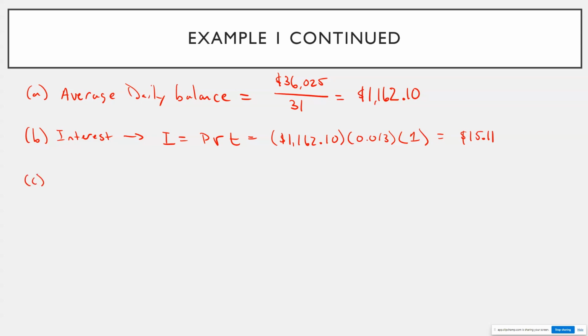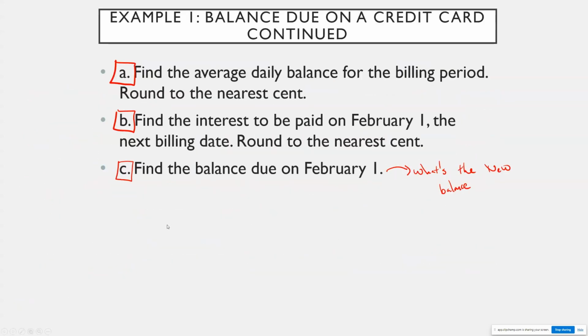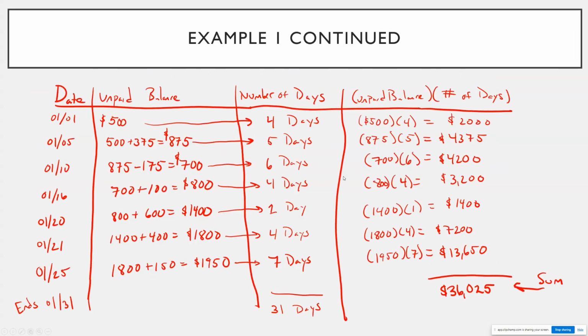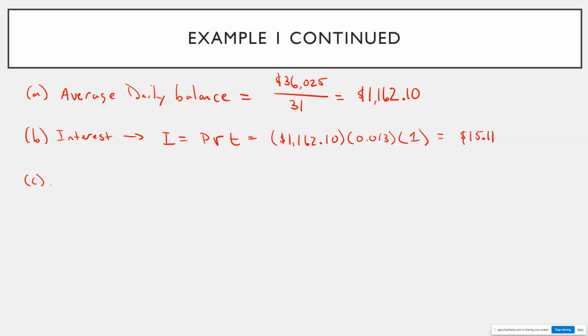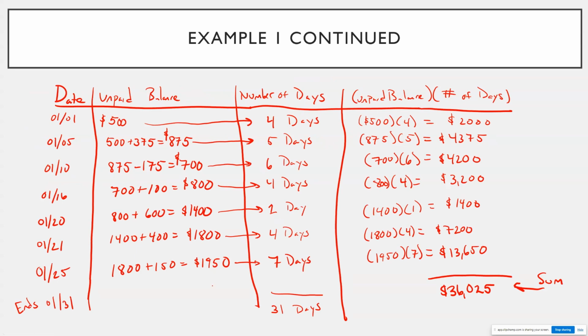All right, C. The last question asks, find the balance that is going to be on the credit card on February 1st. A common mistake I see is you take the average daily balance and add this number, but that's not correct. What you have to do is ask, what was their last unpaid balance?